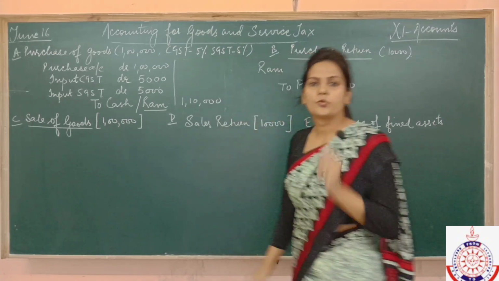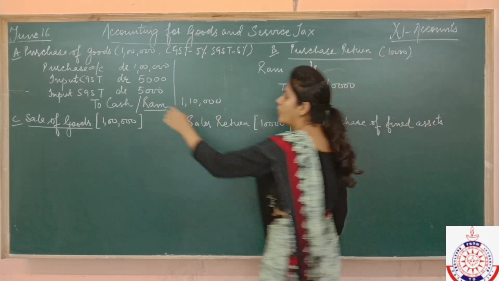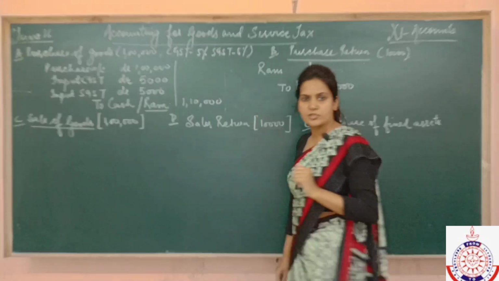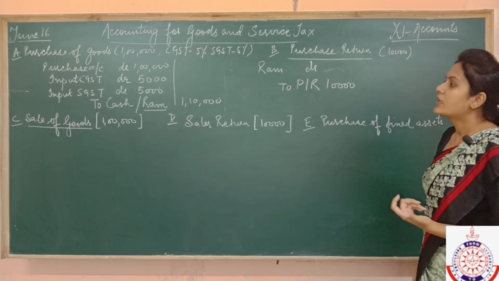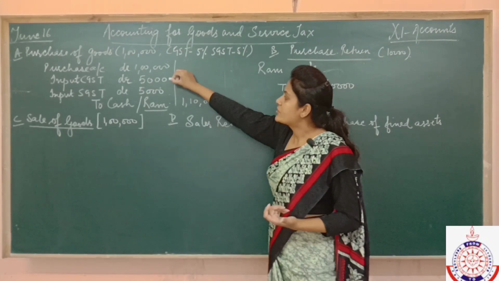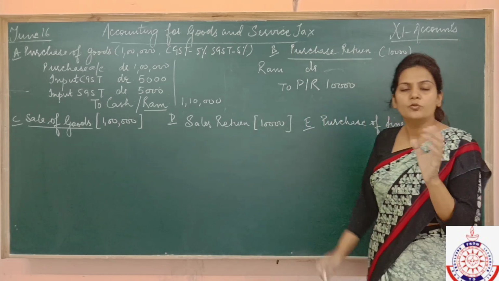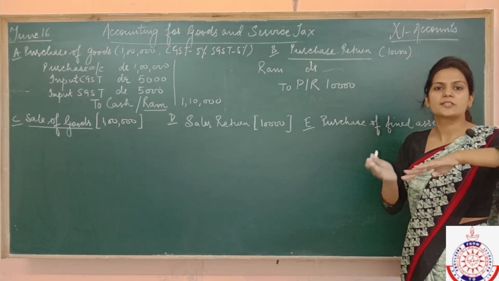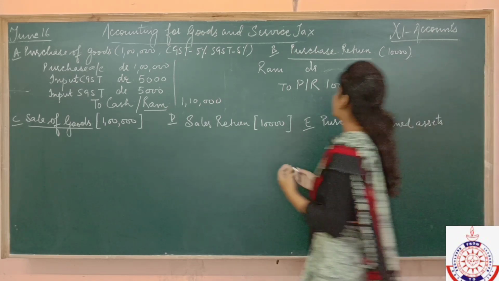Now make a note. Whenever you buy some goods on which GST is charged, and when you return the same goods, then the amount of GST charged will get reversed. It means we need to charge it in reverse. This is known as the process of reverse charge. Reverse charge means this way.